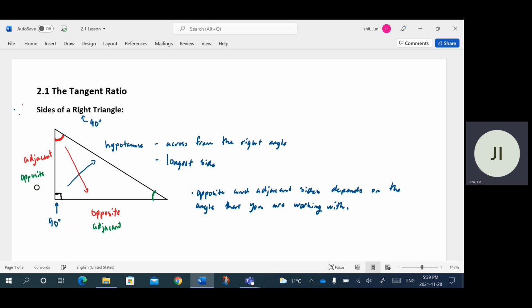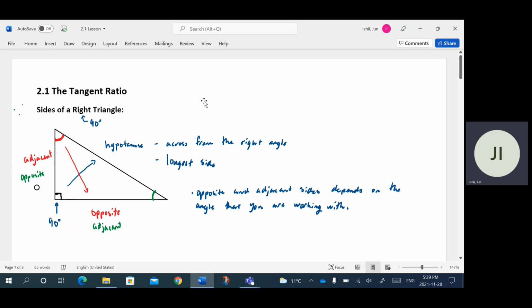Again, notice here that if I'm working with this red angle, then this side would be my opposite side and this would be adjacent. If I'm working with the green one, then across from it is my opposite side, and this is my adjacent. But the hypotenuse is always the hypotenuse, which is across from the 90 degree angle.